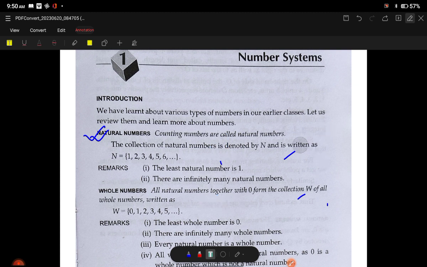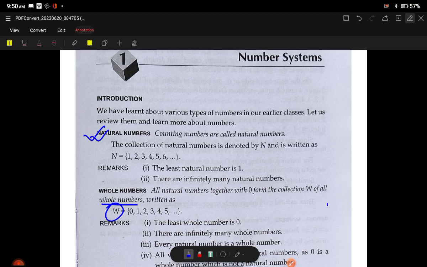Next, if you introduce 0 with the natural numbers, then the series becomes like this: 0, 1, 2, 3, 4, 5. This set of numbers is called the set of whole numbers. What is the difference between the natural counting numbers and whole numbers? 0 is not a counting number. 0 is a whole part, 1 is a whole part, so that is why 0 is included in our whole numbers. 0 is not fractional.